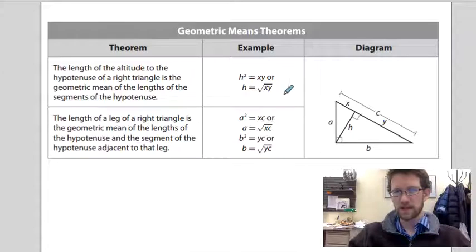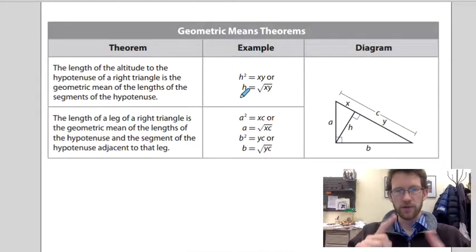So that tells us that H is equal to the geometric mean of X and Y. So this is H, and this is X, this is Y. This is the easy one to remember because geometric means fall between the two extremes, right? It's a mean. X and Y are these two lengths here on the big triangle. So H is the geometric average of X and Y.